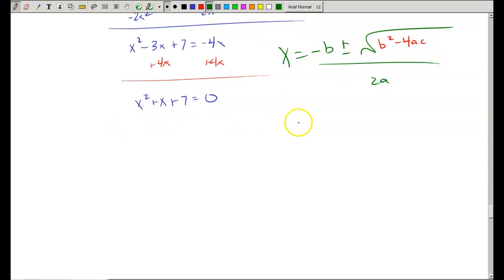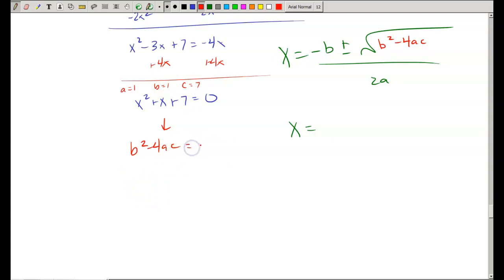And so I'm going to first get the discriminant. The discriminant is always something that we want to calculate first. So b squared minus 4ac equals, well, my a value is 1. My b value in this problem is also 1. And my c value is 7.